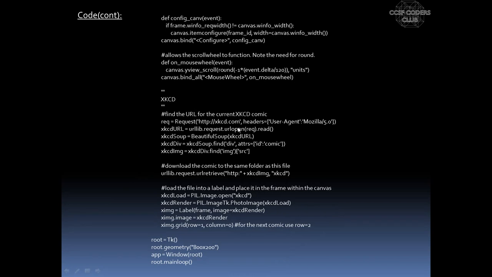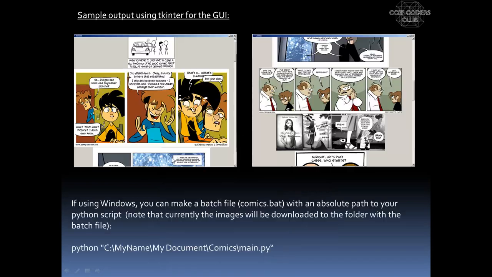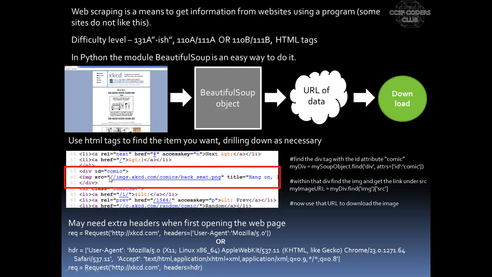So these first two lines here are to open up the web page. This one here is to create the BeautifulSoup object based on that web page. And then here is again finding within the div box attributes ID is comic, and then getting the value of source into this variable right here. Now, if you remember, this string here does not have HTTP colon.